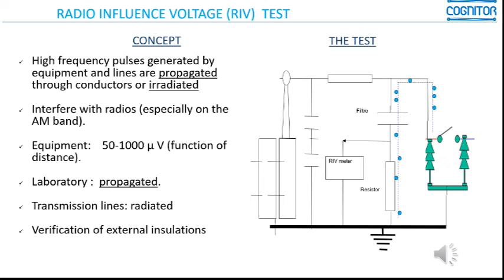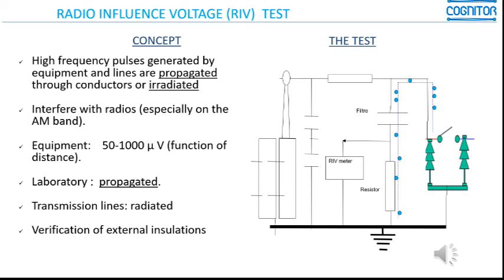And the test that is performed is something like in the figure on the right side, where we have, in the green parts, one equipment under test, which is fed by one AC transformer, where we inject a voltage of, suppose, 120% or 130% of the rated voltage of the system.